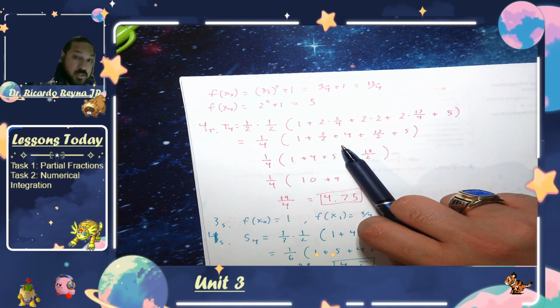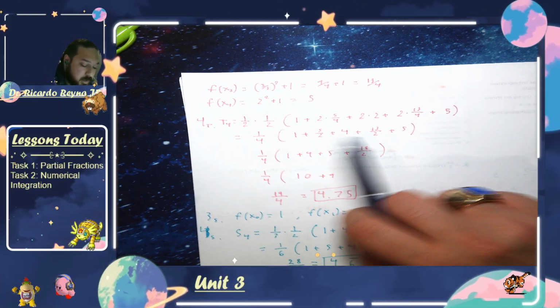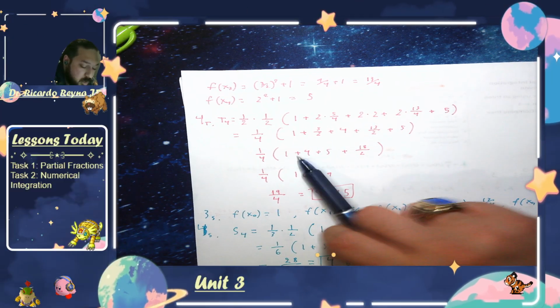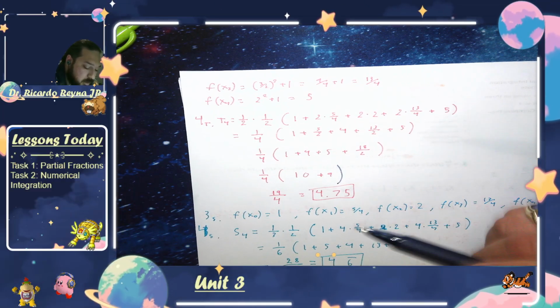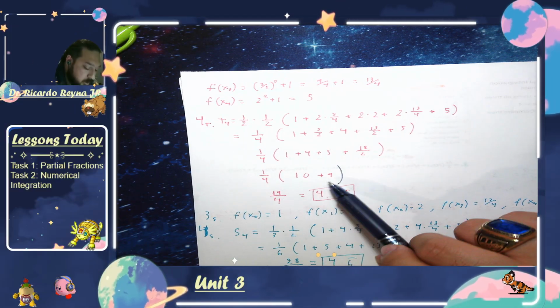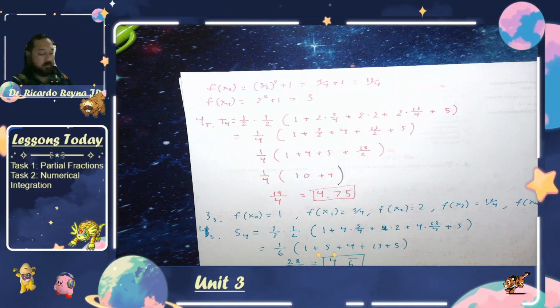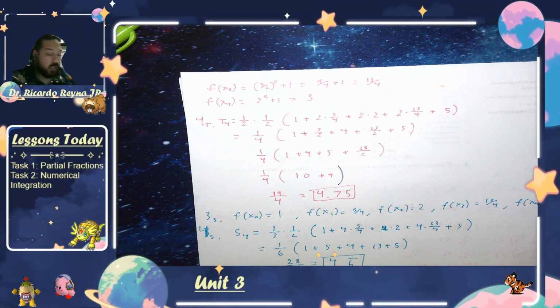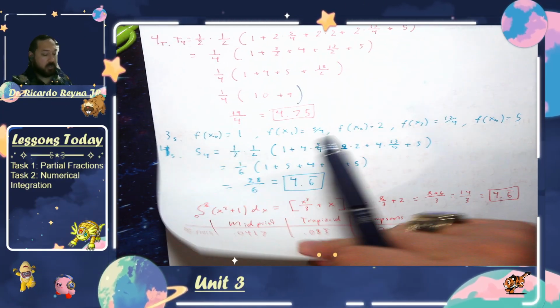I took advantage of the fact that I can manipulate these, so I put these on one side and combine these to be 18 over 2. That's just, oh, I forgot to close that bracket, parentheses. That's just 9. That's just 10. So 10 plus 9 is 19. 19 over 4, 4.75.